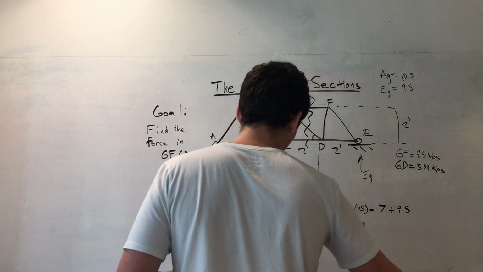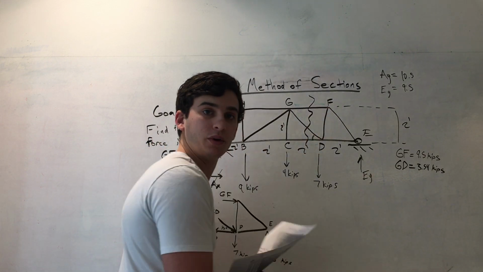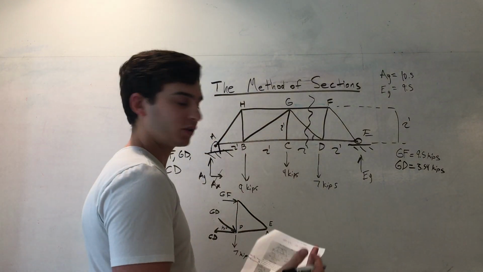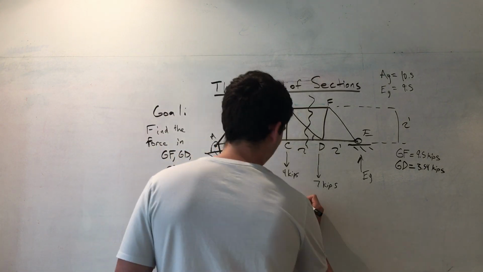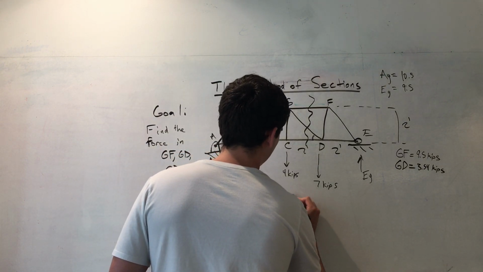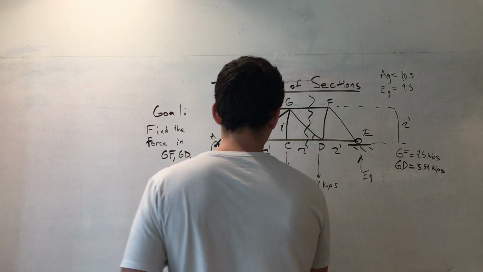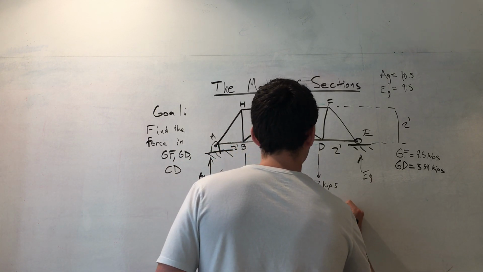Okay, now the last step. We have done moment, and we have done sum of forces in the Y, so our last step, sum of forces in the X. And here we'll be solving for CD. Sum of forces in the X equal to 0, which is equal to, we have positive GF, which you know is 9.5.